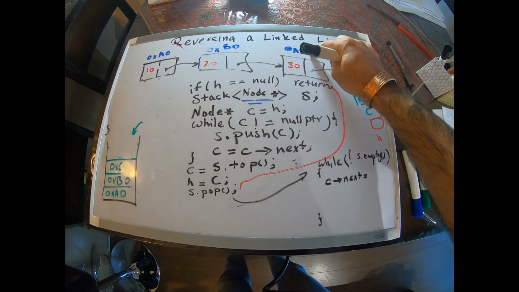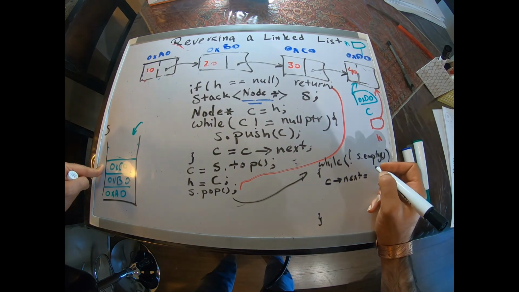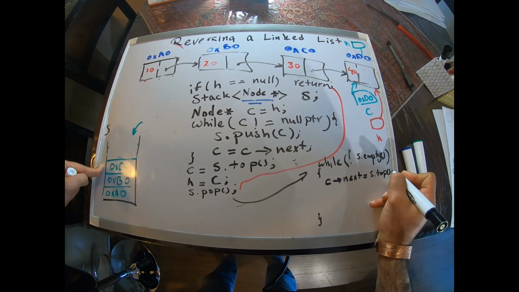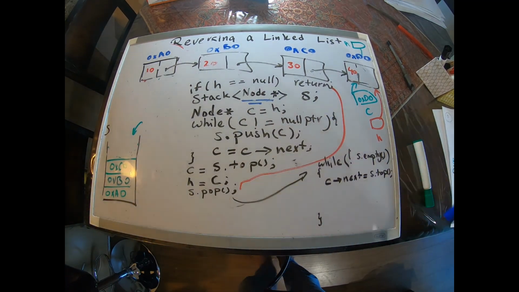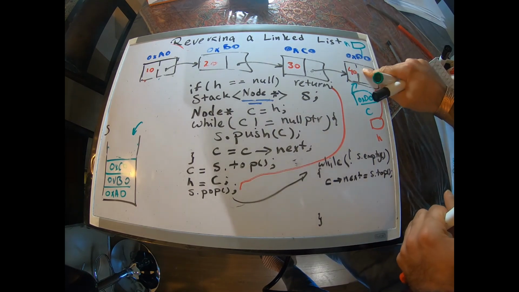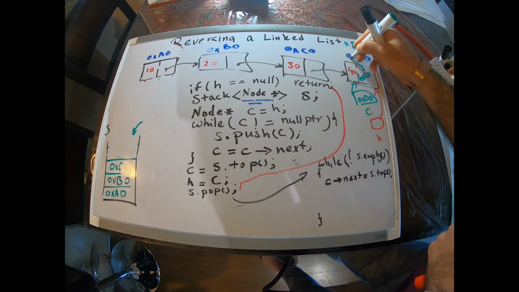Can I do that? Do I have this address? Yes, I do. I have it on the top of the stack. So I'm going to say s dot top. Once I do that, I'm just going to write the address here so that you see this. This becomes 0xC0, and this is going to point here.